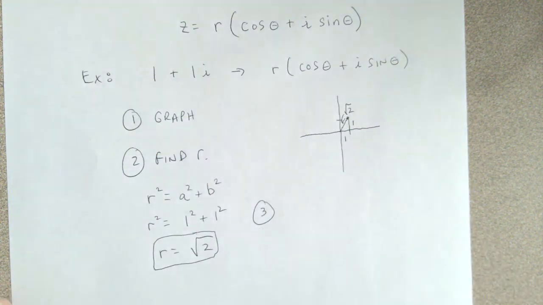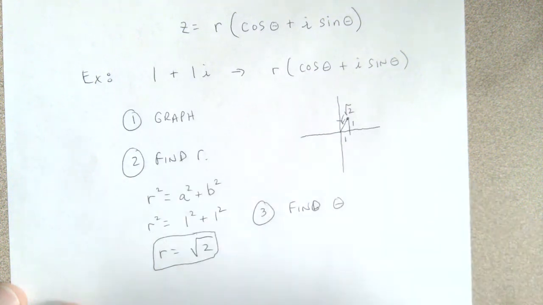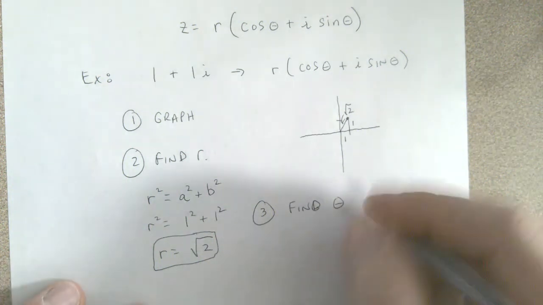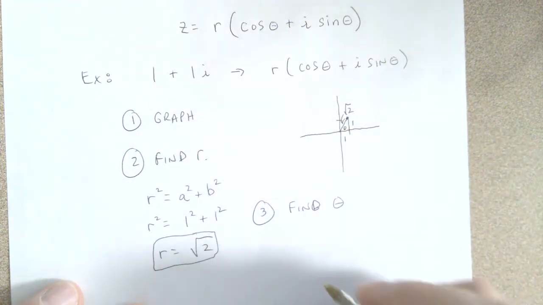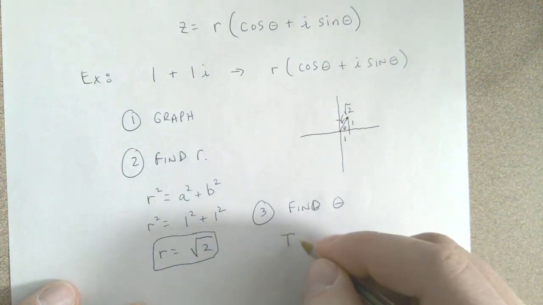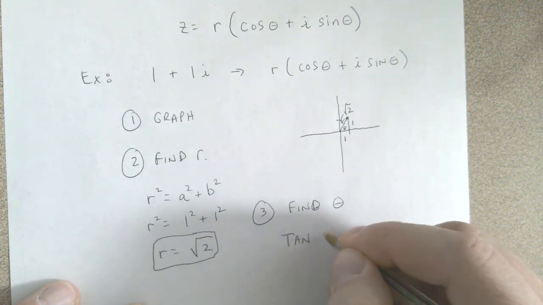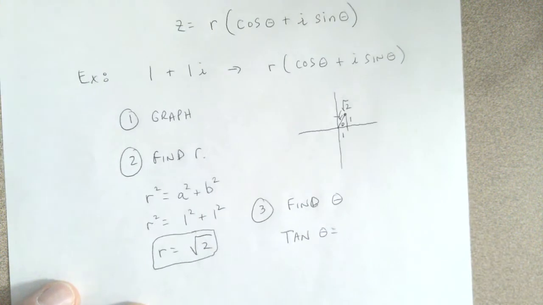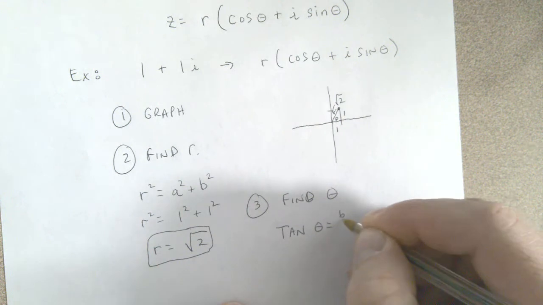Okay, step 3, we're going to find theta. Theta is this angle right here in the triangle. We know that tangent theta is equal to b over a.